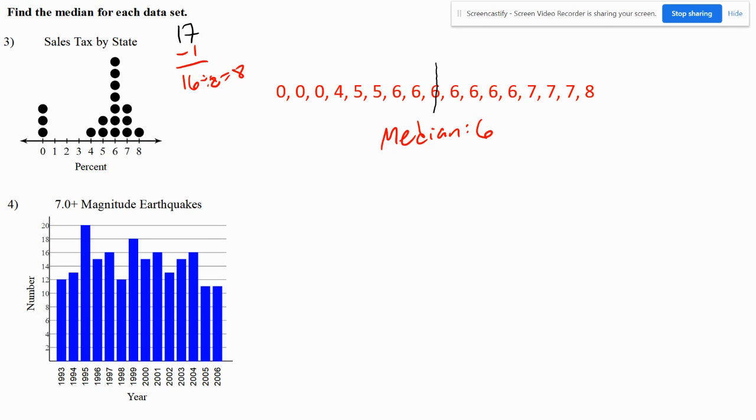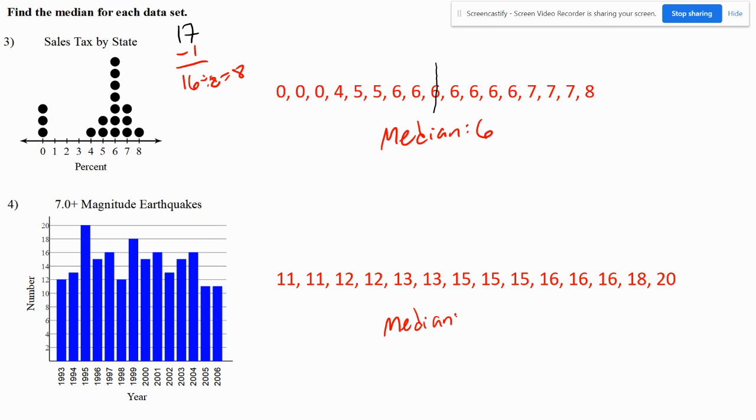Let's take a look at example number 4. Let me get my numbers. All right, I'm figuring out the median in this case. I wrote my numbers from small to large. Let me count how many numbers I have. I happen to have 14. 14 is an even number. 14 divided by 2 is 7. So I'm going to make a line such that I have 7 numbers on each side of my line.